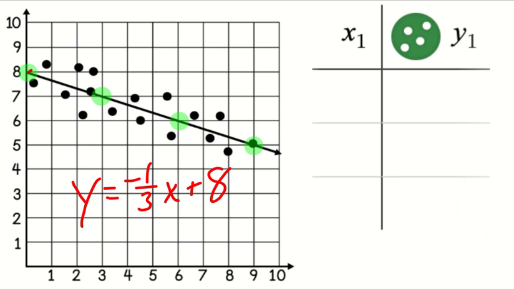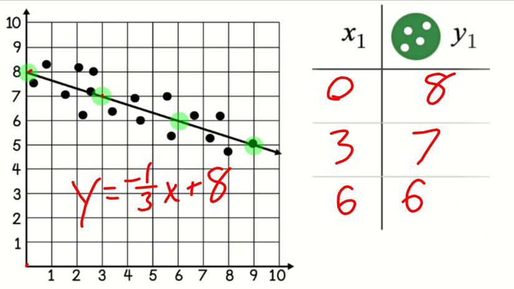If you put your points into the table, x values are going first. So for this first dot, my x value there is 0. Y value is 8. For the next point, this one right here, I'd have 3 and 7. If I use this one here, it would be 6 and 6. Y'all that get your x's and y's mixed up, using the one that had the 2 6's would have helped.